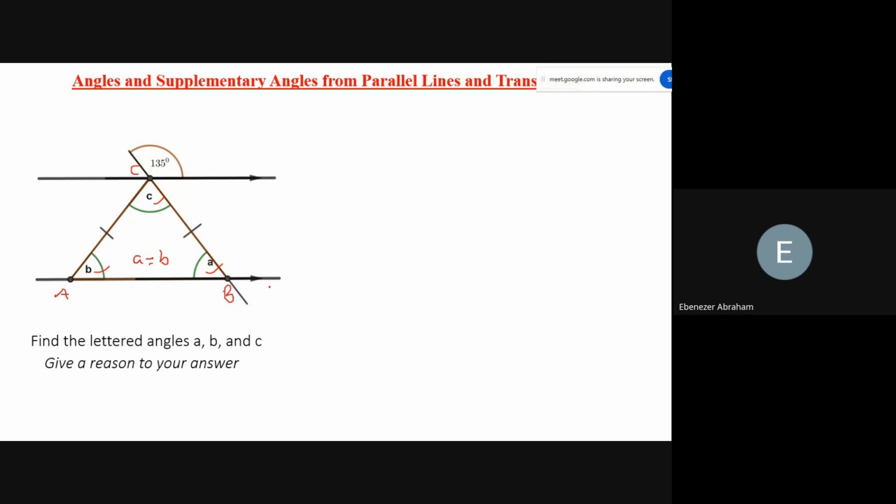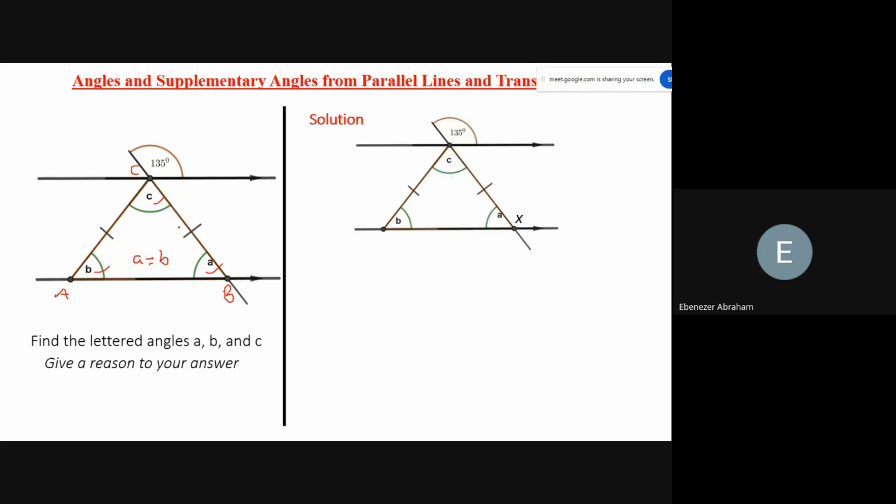So what we have to do is to translate all the concepts we have learned to the triangle, and then we can get the figures out. That's what we have to do. So let's look at the solution here. So I've labelled the X. That's how I approach it.